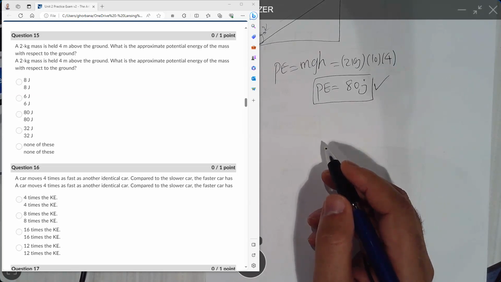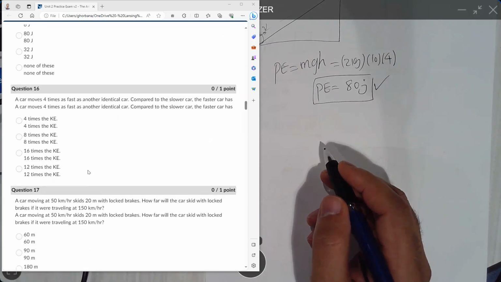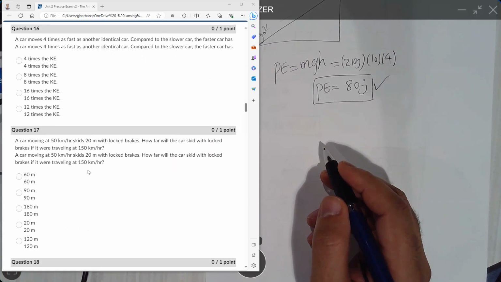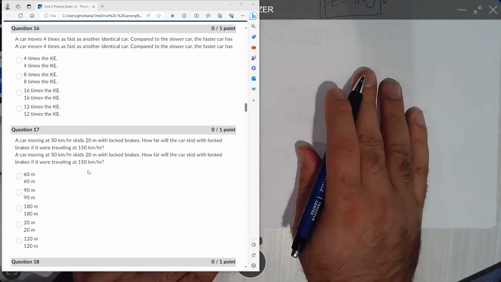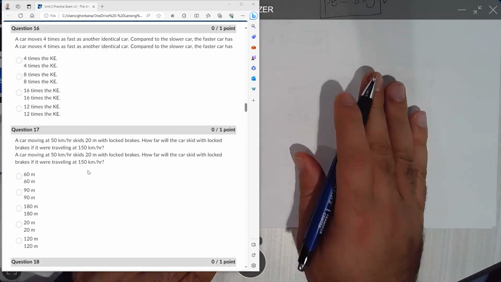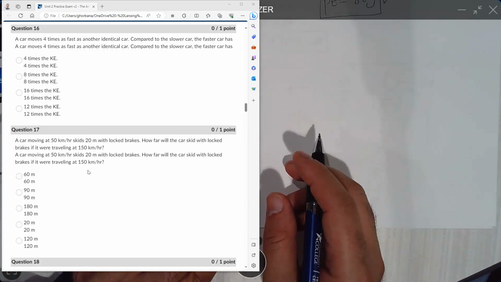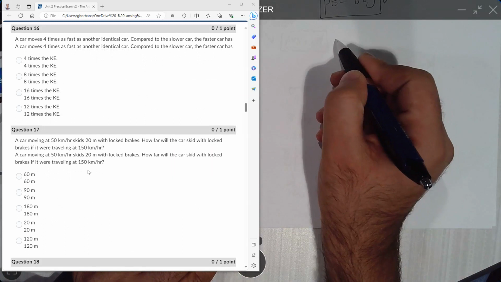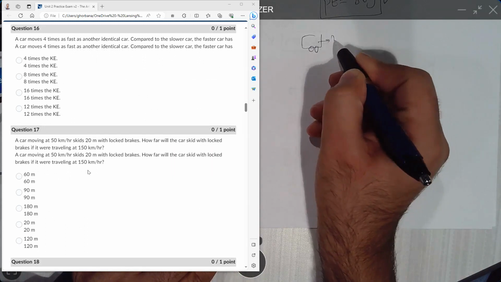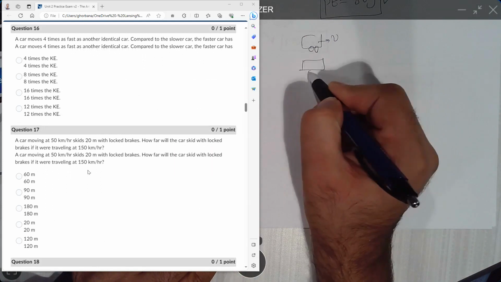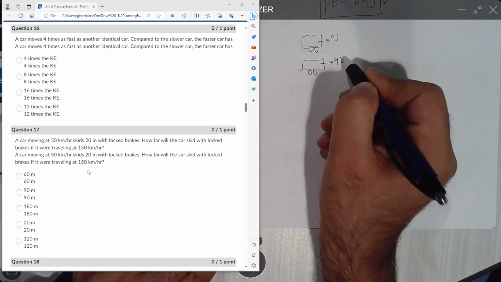Question number 16. A car moves 4 times as fast as another car. Let's say we have 2 cars, yes? This is V, the other one is 4V.